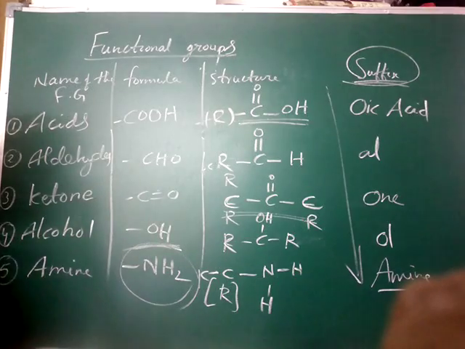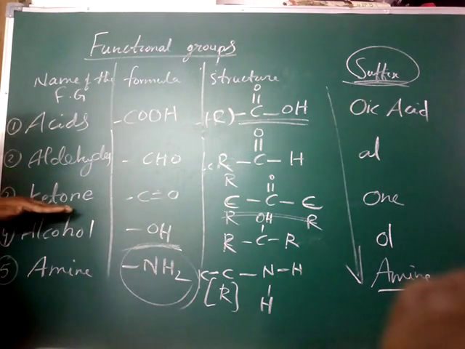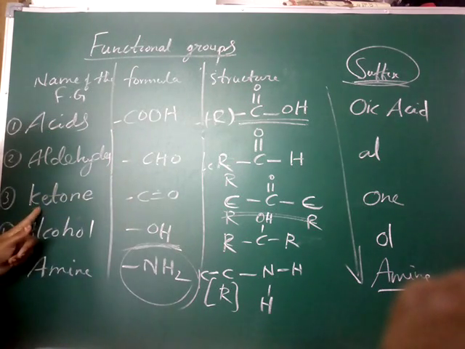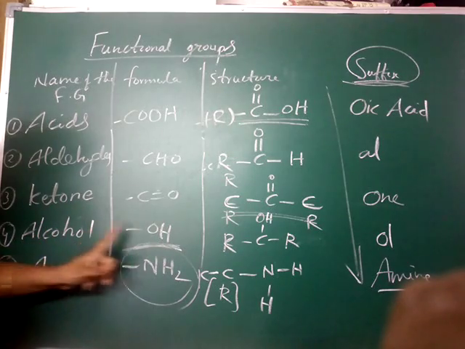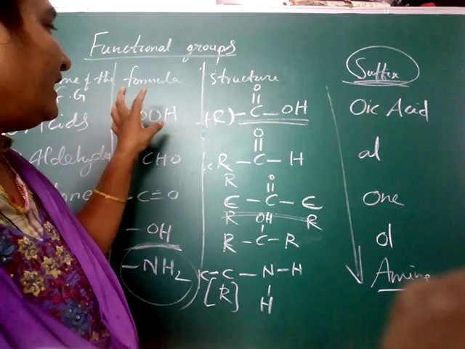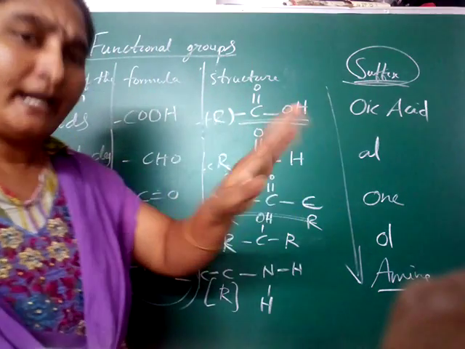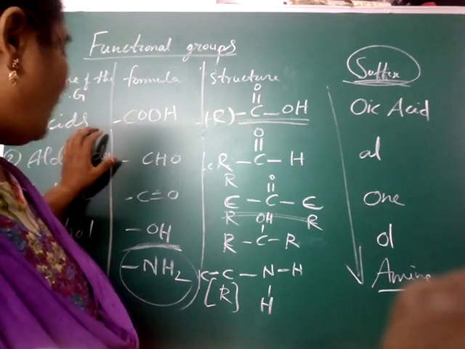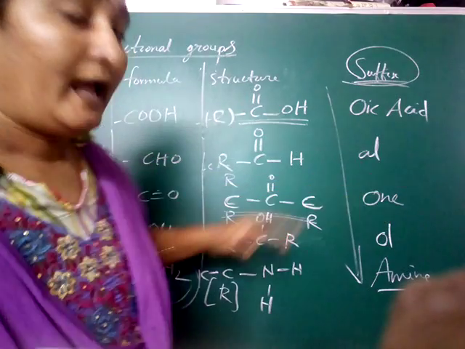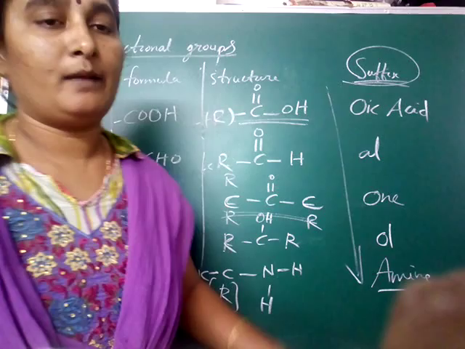If there is C double bond O between two carbons, that is called a ketone. Alcohols have OH, amines have NH2. If there is COOH on any carbon, you write oic acid. I will explain where you will write it. For aldehydes you write al, for ketones one, for alcohols ol, and for amines amine only.